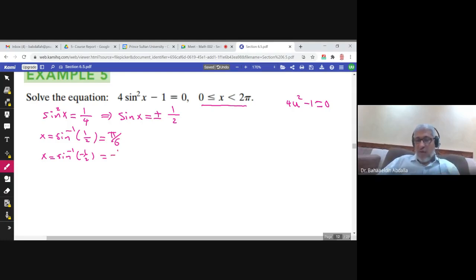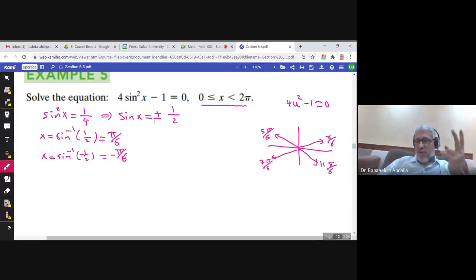So in both cases, the reference angle is pi over 6. So you need to deal only with pi over 6 and any angle with the reference angle pi over 6. We have pi over 6, 5 pi over 6, 7 pi over 6, and 11 pi over 6.